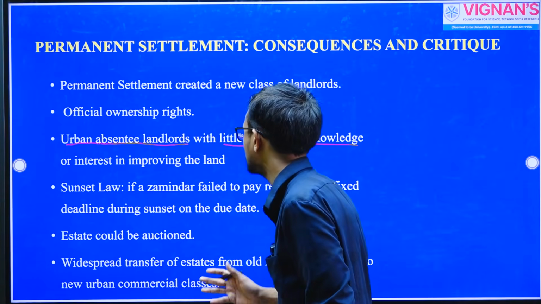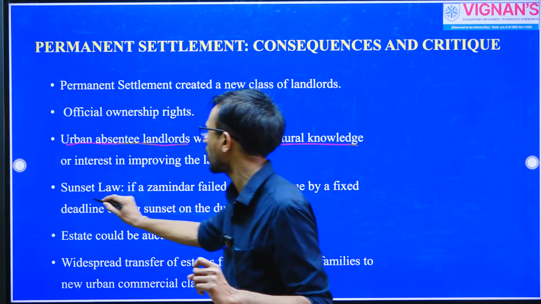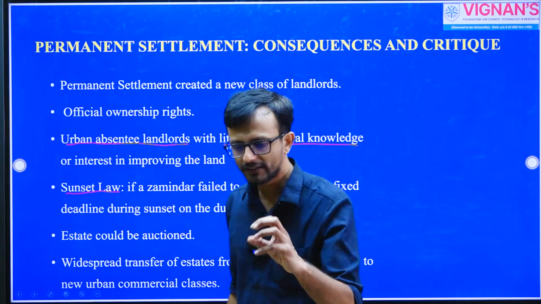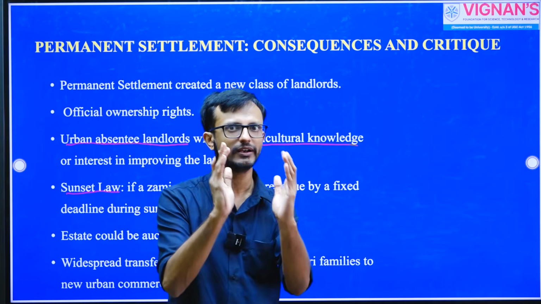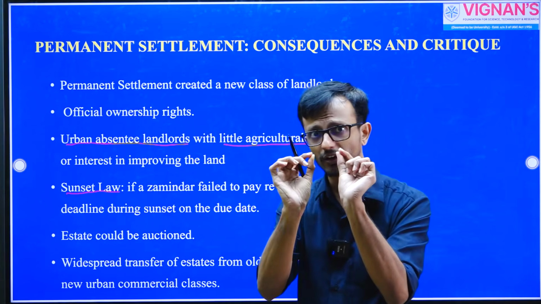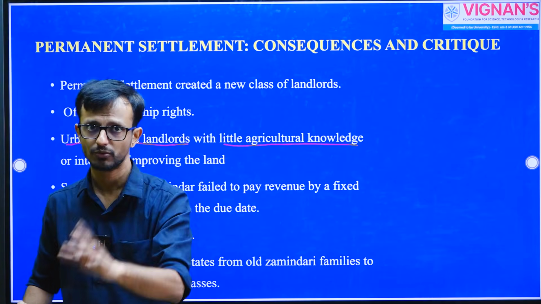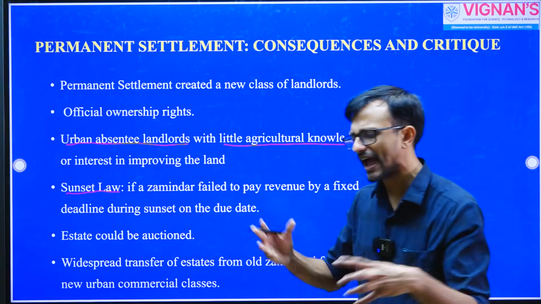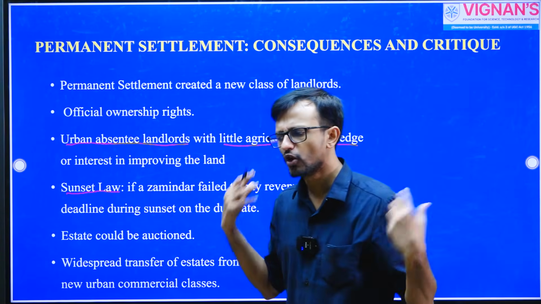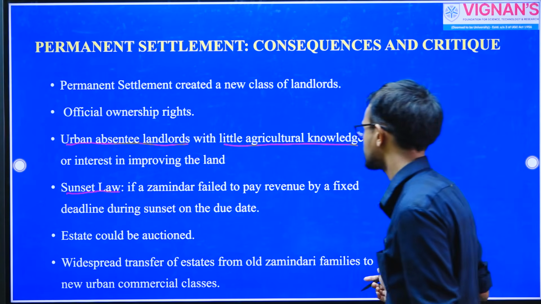It was not applicable in India, and they had a very brutal law that's called the sunset law, where the zamindars had to pay the revenue on the sunset of a particular day, that fixed revenue on the particular day. And if they failed to do that, that land gets transferred to another person who is also an absentee landlord, right? So likewise, these lands were auctioned off to so many middlemen, and it was a complete, utter failure in that sense.